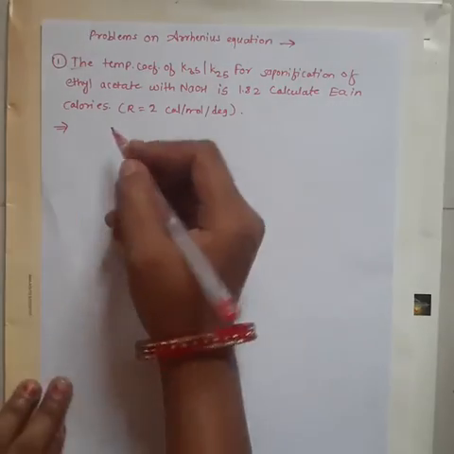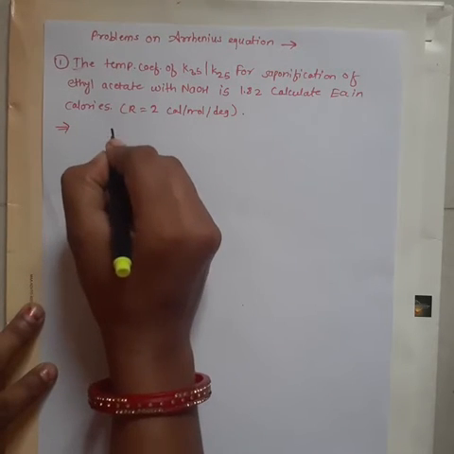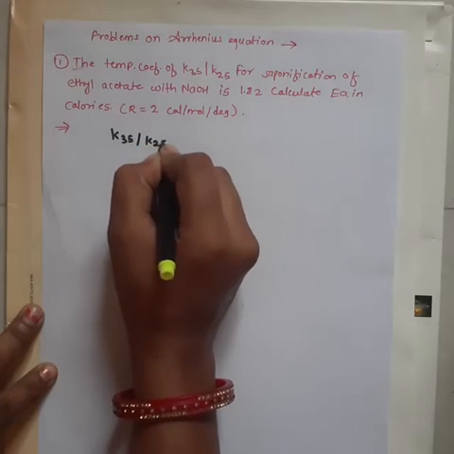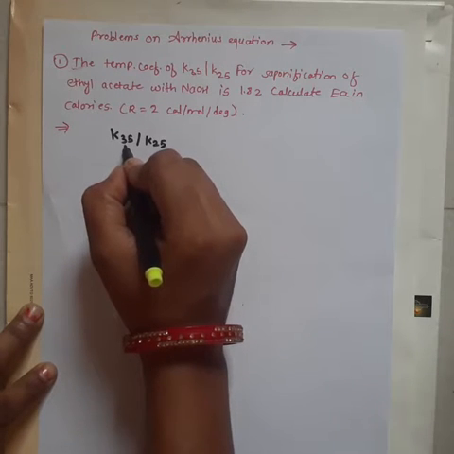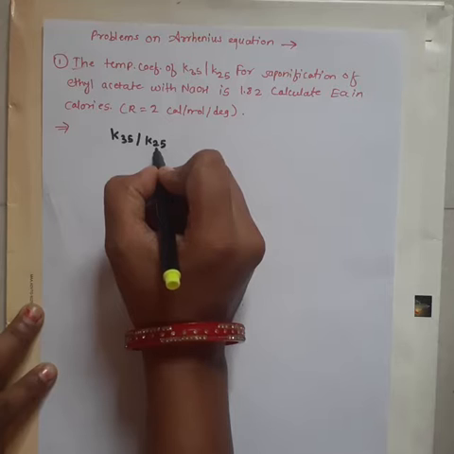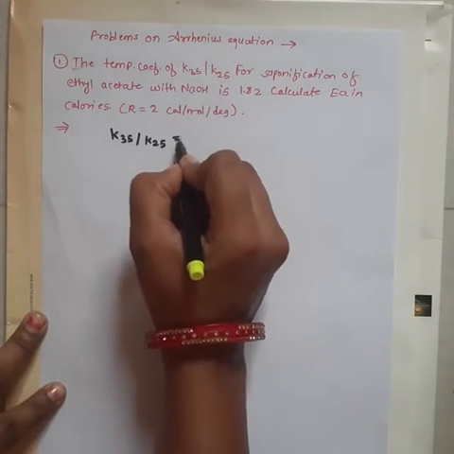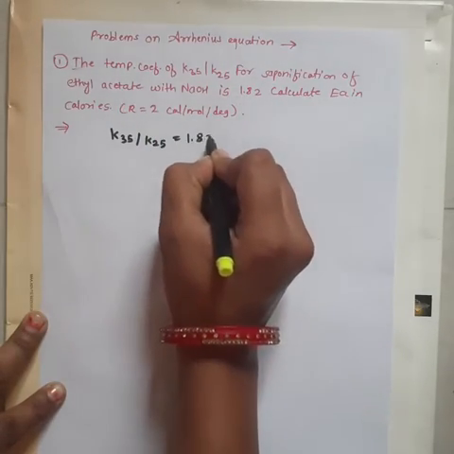So what we have been given in this problem is the temperature coefficient, that is K35 to K25. These 35 and 25 are the temperatures. This is K35, at the higher temperature T2, and K25 is at the lower temperature T1. This temperature coefficient is given as 1.82.